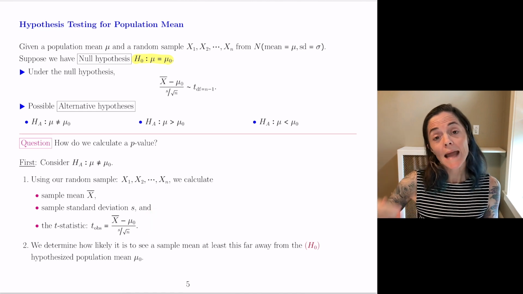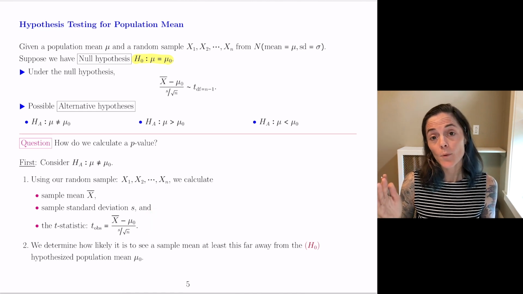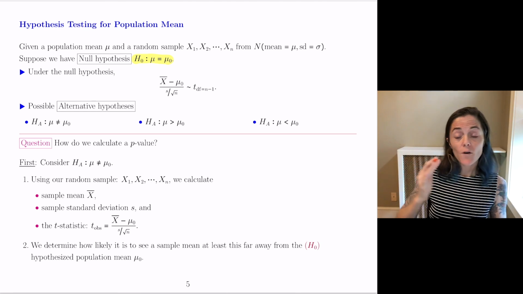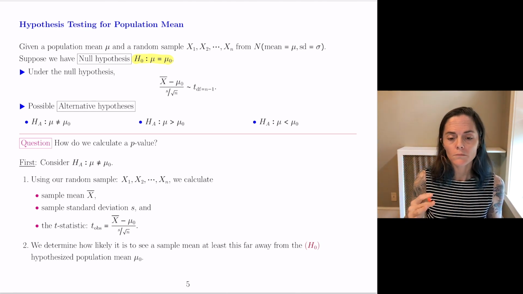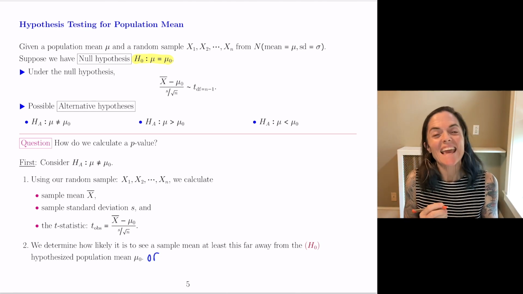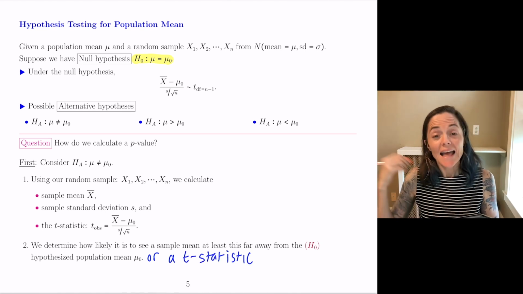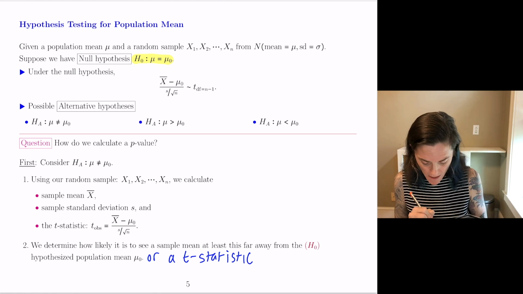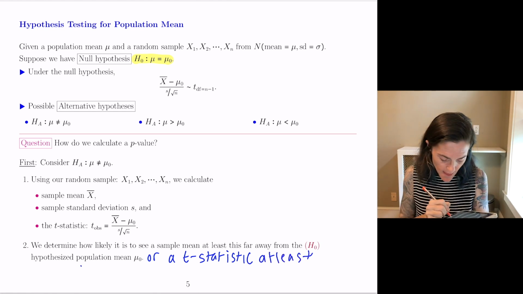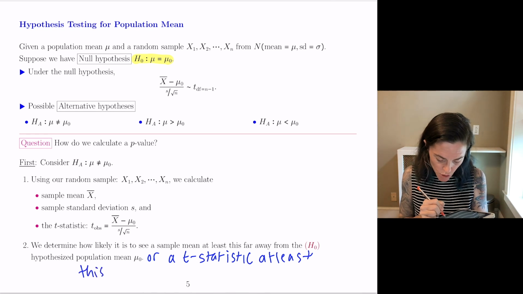We will determine how likely it is to see a sample mean at least this far away from mu 0, or another way to say that, a t-statistic at least this extreme.